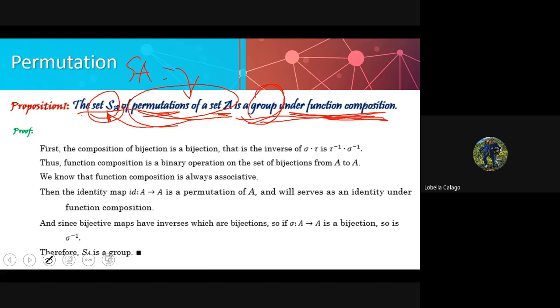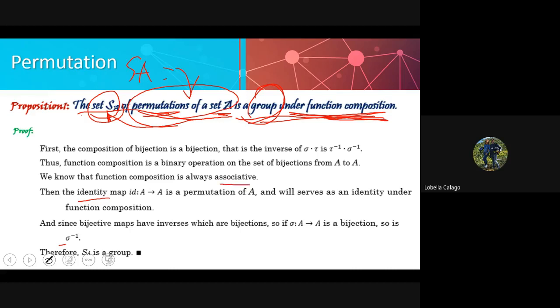So, how will we know that it's a group? Therefore, dapat meron siyang identity, meron siyang inverse, at saka yung kanyang, isa, associative. Yan.